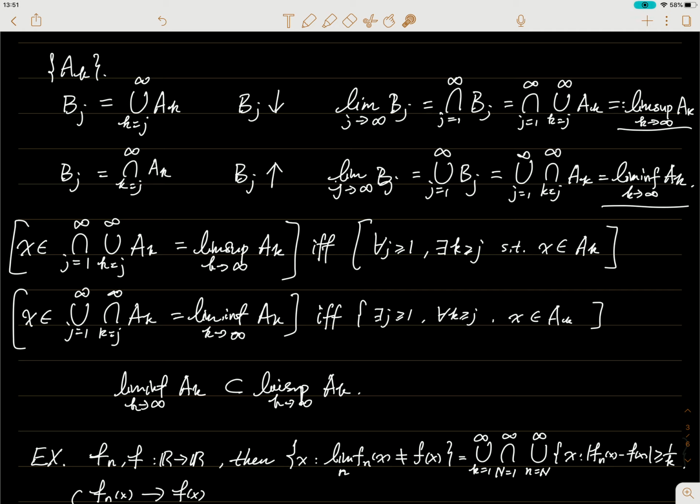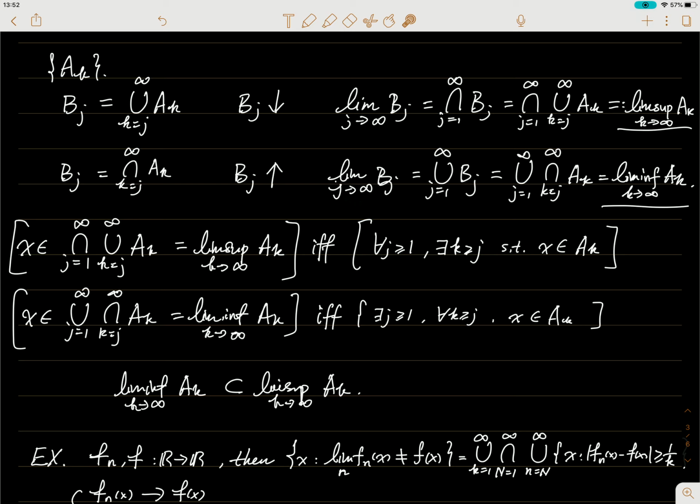Now, as you can see, when j is increasing, you're taking the intersection of fewer sets, which means that you potentially get a larger set B_j. So when j increases, B_j will increase, or B_j is non-decreasing. So B_j is a non-decreasing sequence along j, and then we can also talk about the limit of B_j.